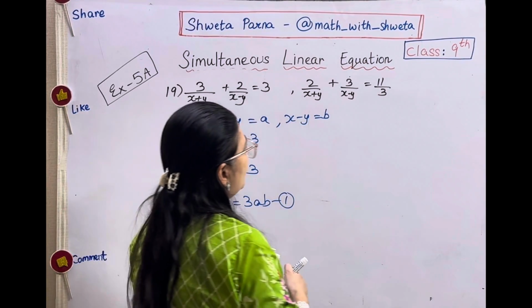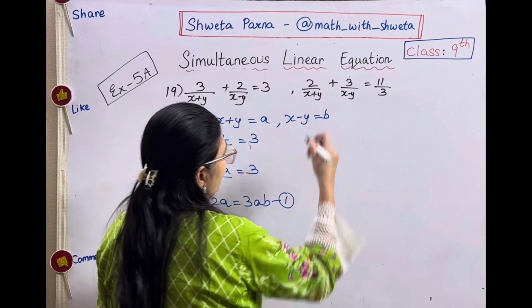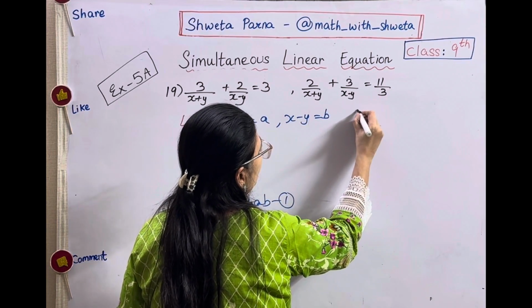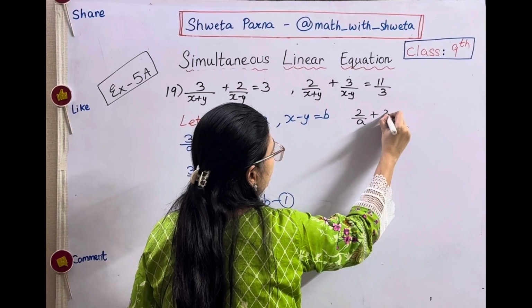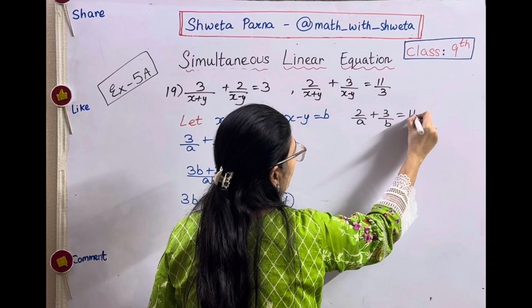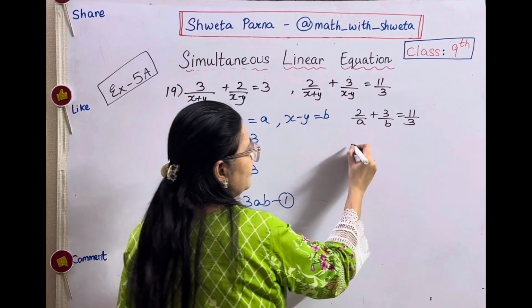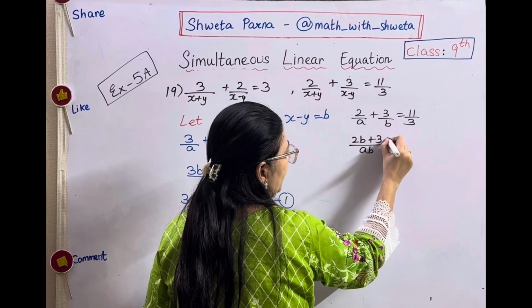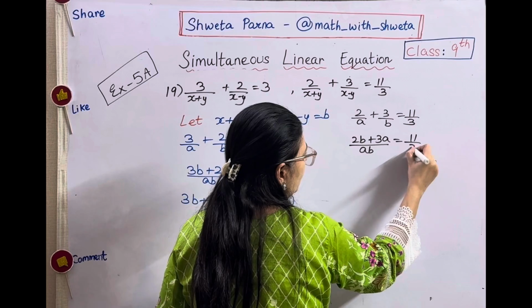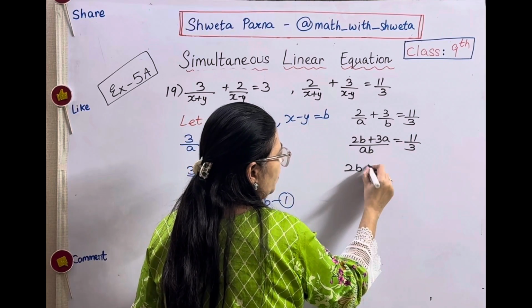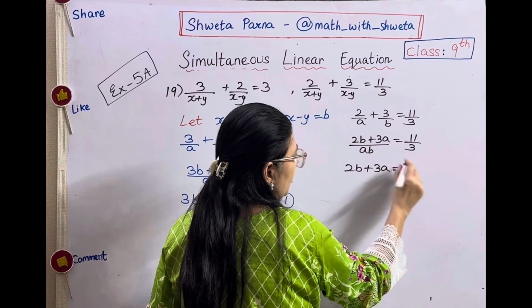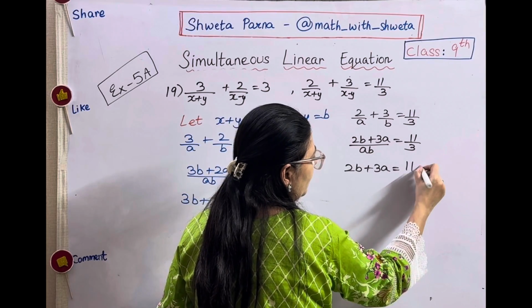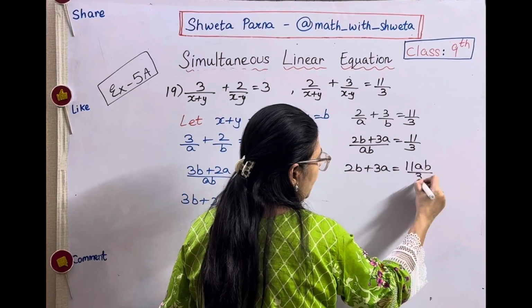Similarly, let's solve for the other one. 2 upon x plus y. So this will become 2 upon A plus 3 upon B is equal to 11 upon 3. LCM is AB. So 2B plus 3A is equal to 11 upon 3. Now AB, when it goes here, will become 11AB upon 3.